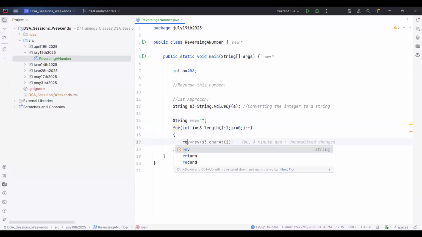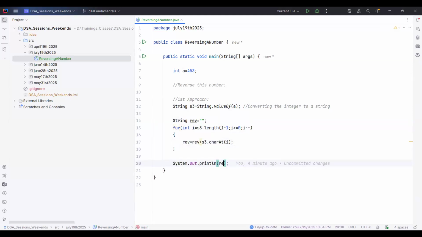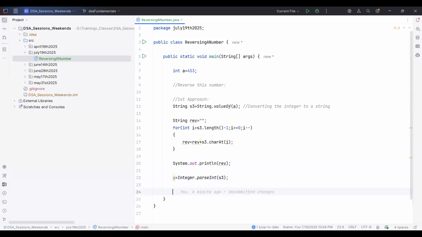Then I will say Integer.parseInt of s3, and print the reversed integer. So this is one of the easiest ways to reverse a number.